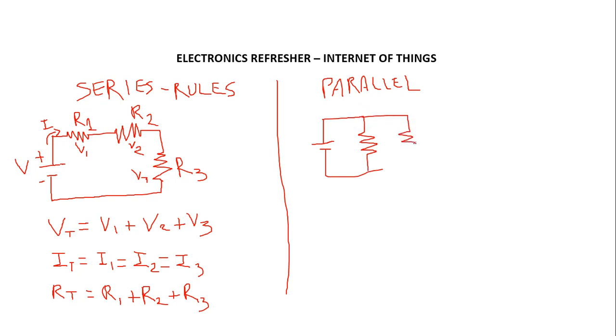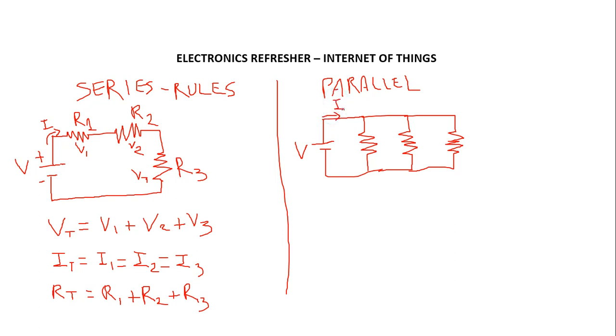We're going to have our resistors in parallel. Here we have our voltage, our current.